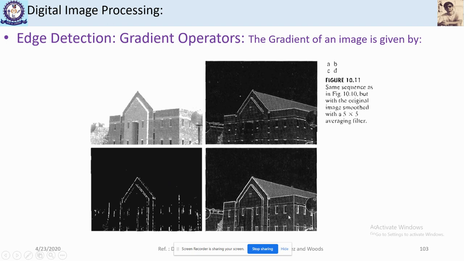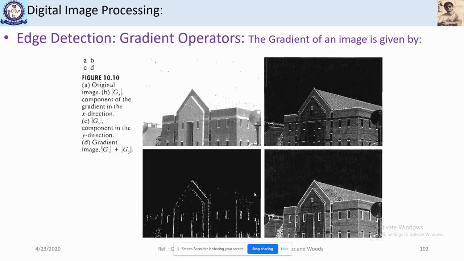So here we see that the bricks on the wall are not that strongly visible, and the major edges of the building are more strongly visible. So by applying an averaging filter over the original image, we have weakened all the edges.